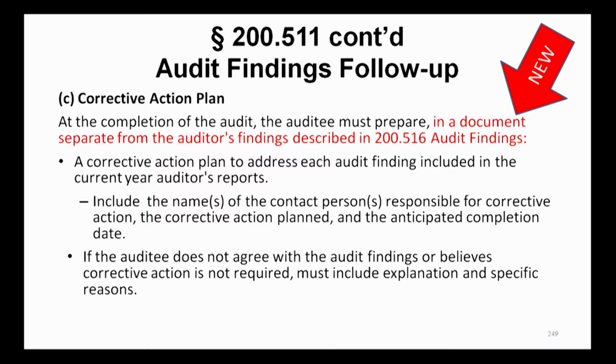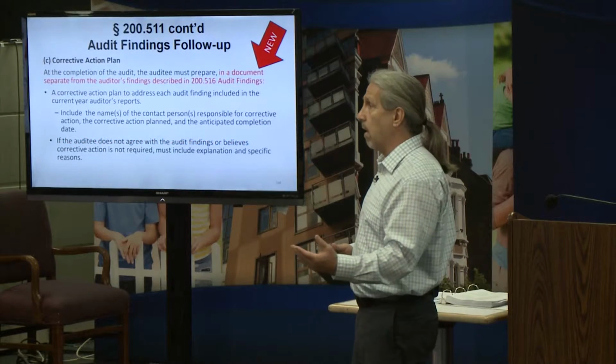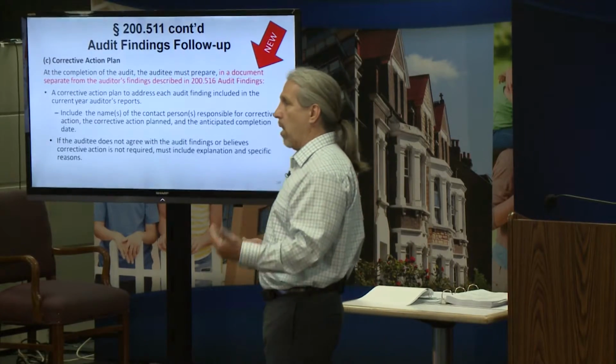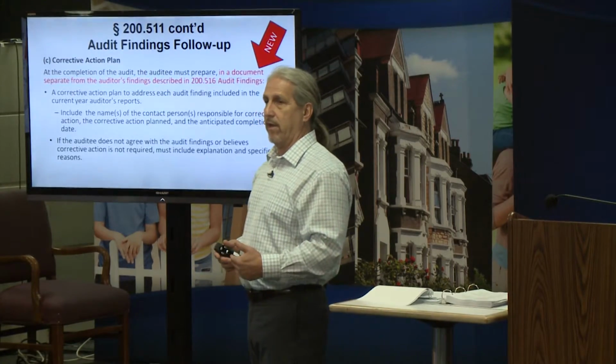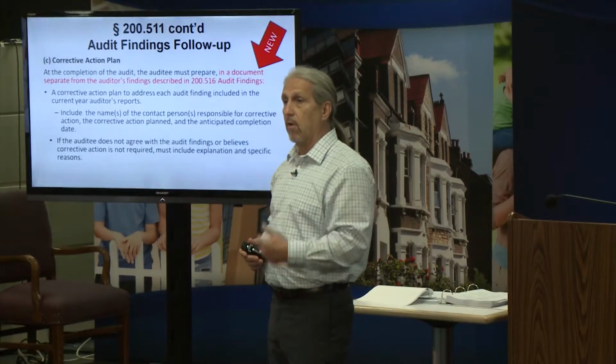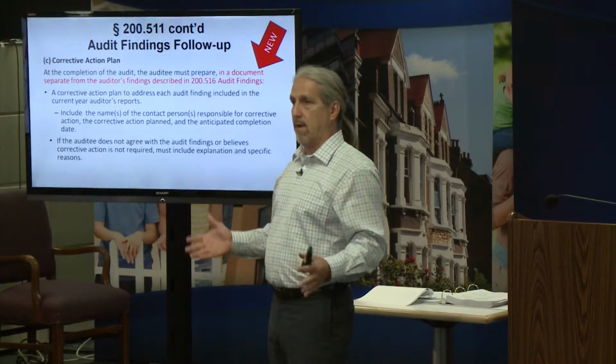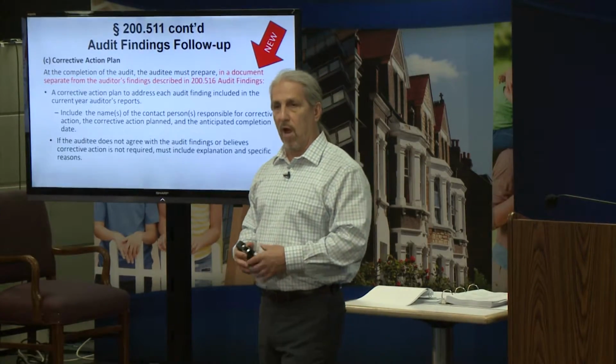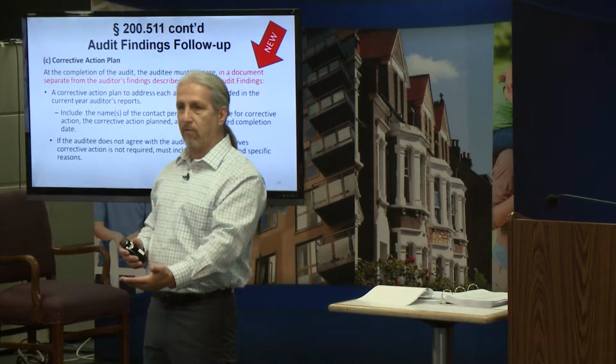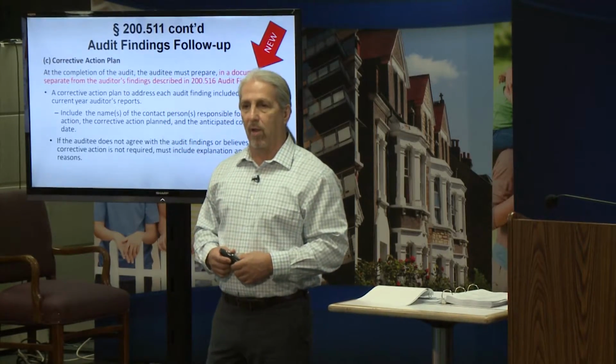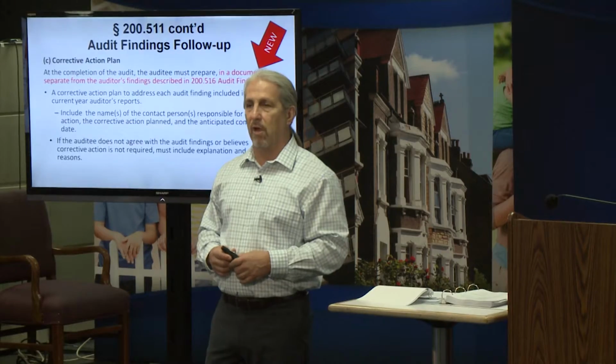It also says, and this is not new, but just to reiterate, that if you don't agree with the audit finding, or you believe it's not required, then you can provide in your corrective action your reason for why it's not valid. So your auditor didn't cite the proper location, the regulation you were out of compliance with.